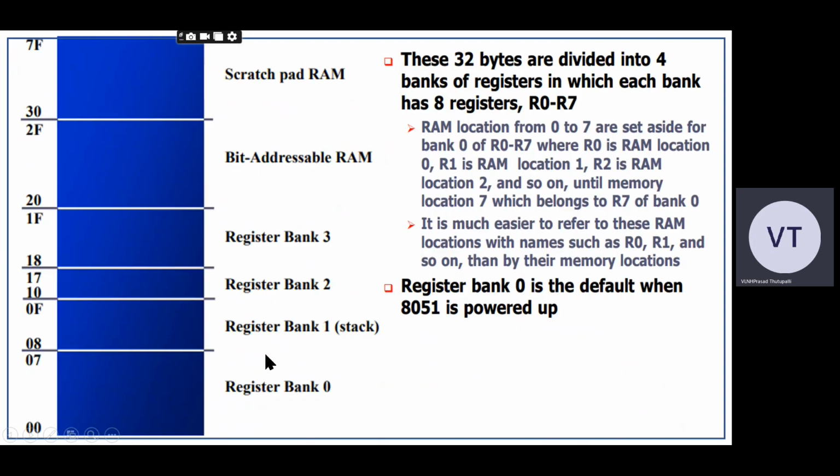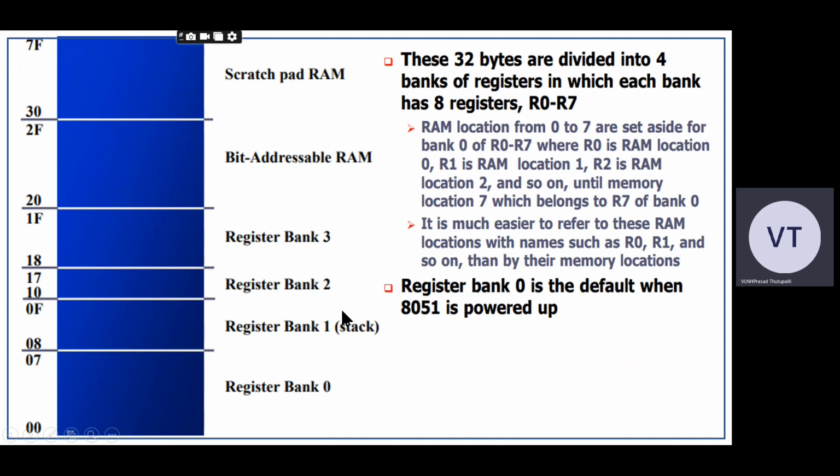So this is about the register banks. The first one is register bank 0, the second is register bank 1, the third is register bank 2, then bank 3. Bank means a group of 8 bytes.